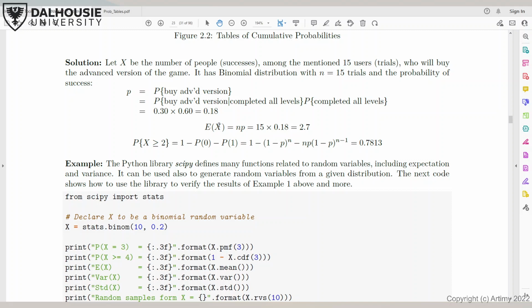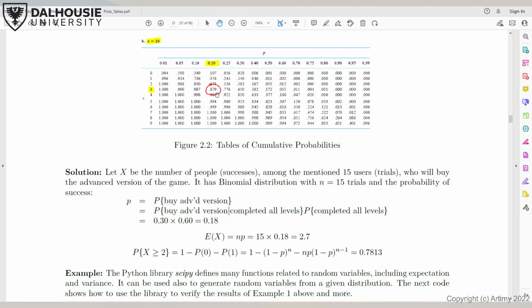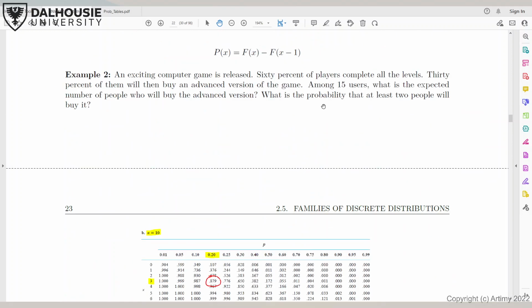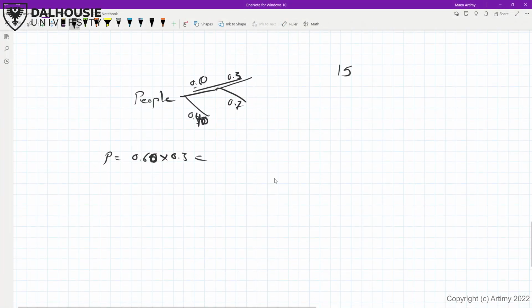The rest will be just simply apply the formula or use the tables. So here we are looking for the probability that at least two people will buy it. Again, we're looking for P(X ≥ 2).